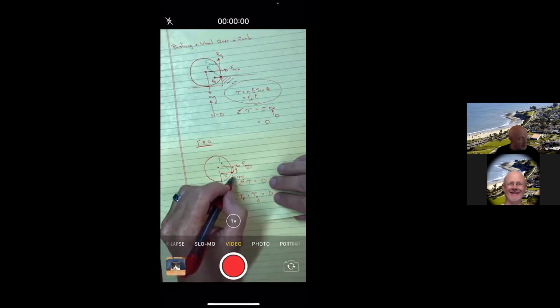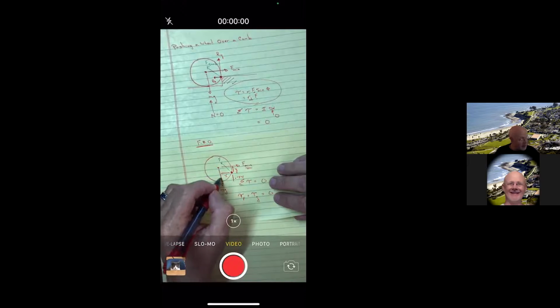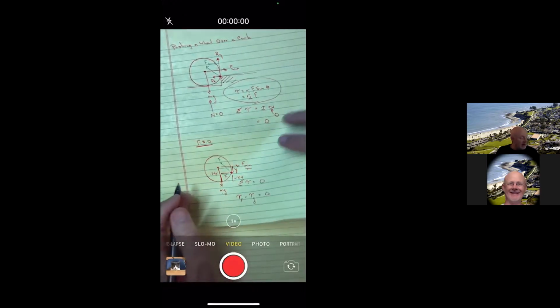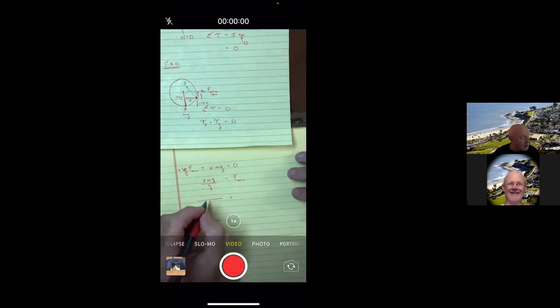And the radius of the wheel right here is 0.295. So y would be the difference between the radius and the height of the curb. This is the part that's left over from the curb on up to the top. So this would be 0.295 minus 0.154. So there's my y.